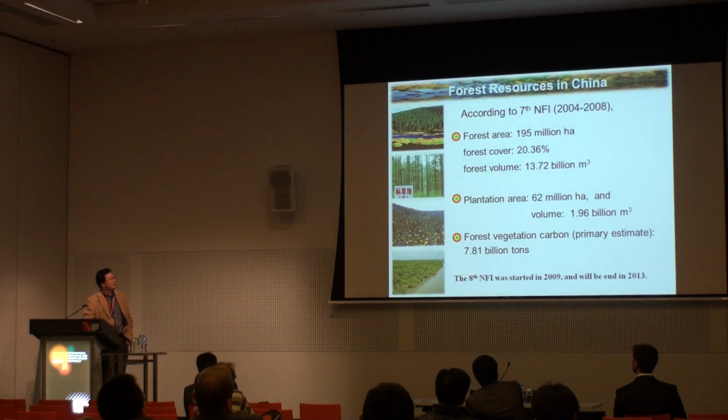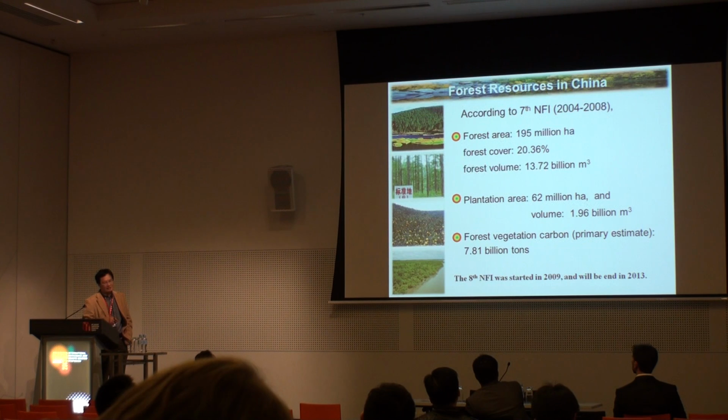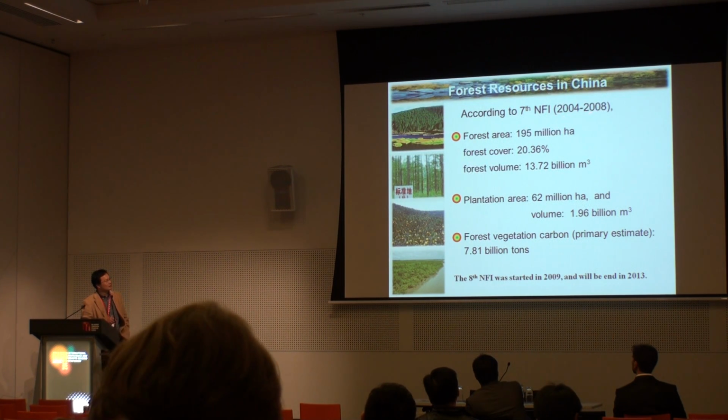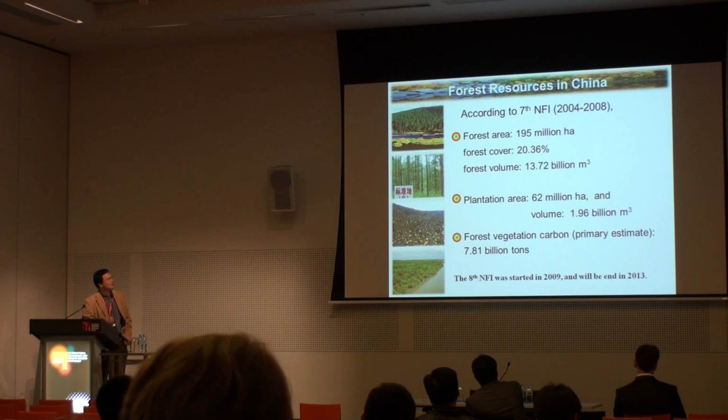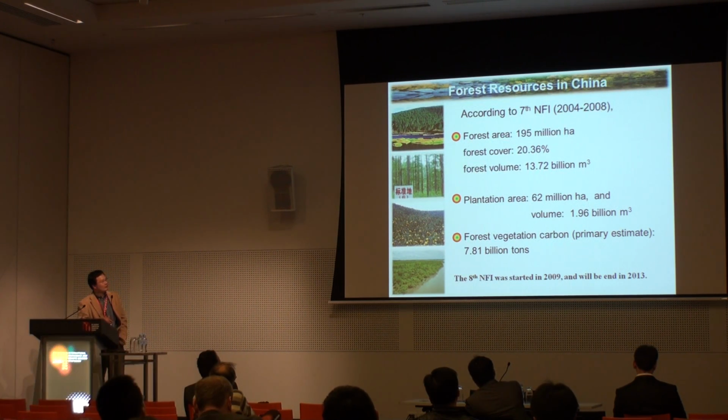This is for the forest resources in China, according to the seventh National Forest Inventory during 2004 and 2008. That is almost 200 million hectares of forest coverage, about 20% of the total land area.